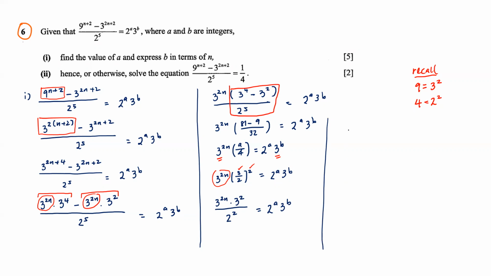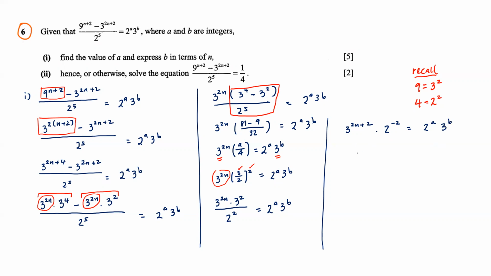Combining the numerator of the left-hand side, I would have 3 to the power of 2n plus 2. Denominator, 2 to the power of 2. If I were to bring it up to the numerator, I would multiply it by 2 to the power of negative 2. Because when we bring up a positive index from the denominator, it becomes negative. So I will end up with 2 to the power of a, 3 to the power of b.